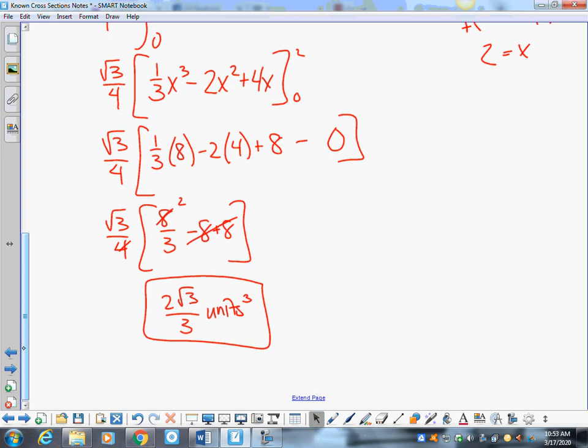There you have it. The 8's canceled, and then I reduced the 4 and the 8 there instead of multiplying first.